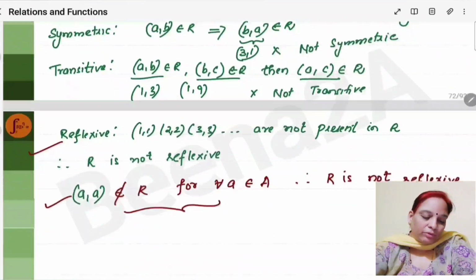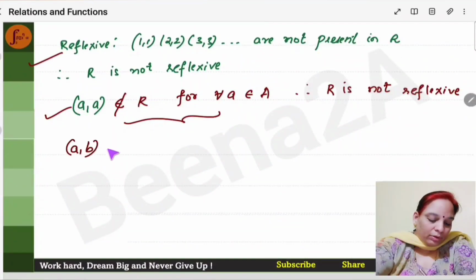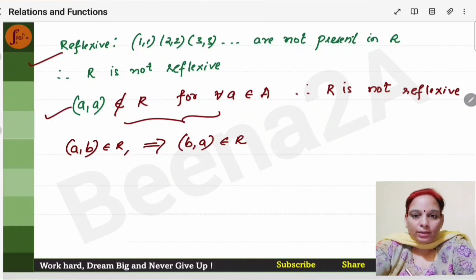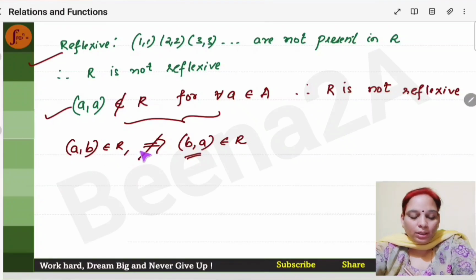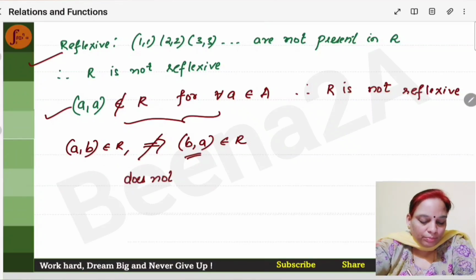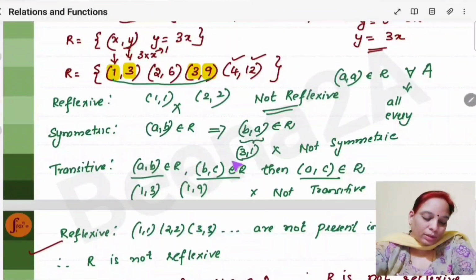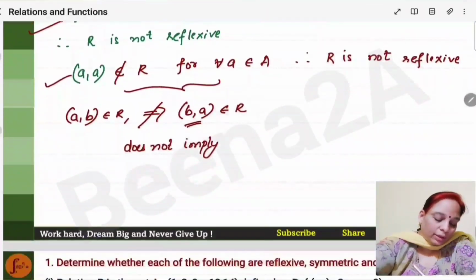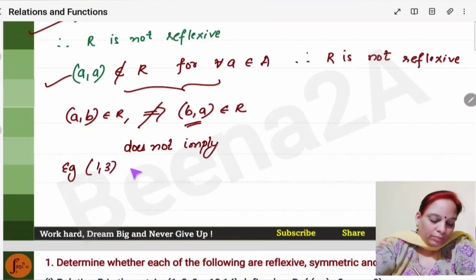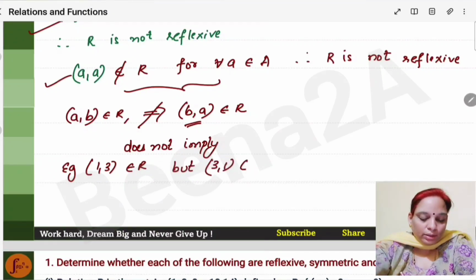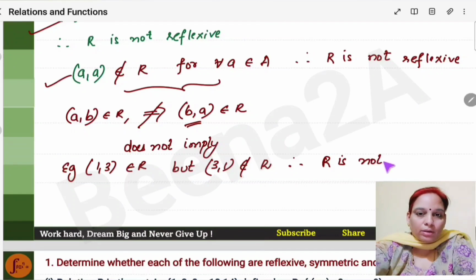Now, for symmetric, how will you write? You will write (a, b) belongs to R implies that (b, a) belongs to R. But here, (b, a) does not belong to R, so it does not imply. (a, b) belongs to R does not imply that (b, a) belongs to R. For example, (1, 3) belongs to R, but (3, 1) does not belong to R. Therefore, R is not symmetric.